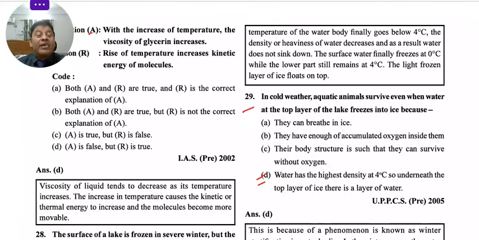No. In fact, A is false, but R is true. Remember, that is rise of temperature increases the kinetic energy of molecule. This is true, but the upper one, with the increase of temperature, the viscosity of glycerin increases, यह हमारा गलत है.